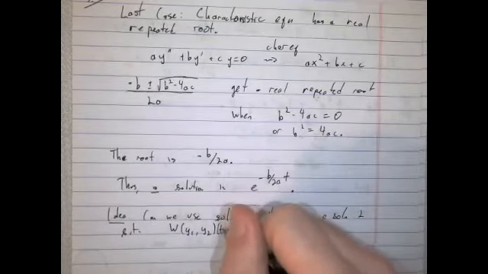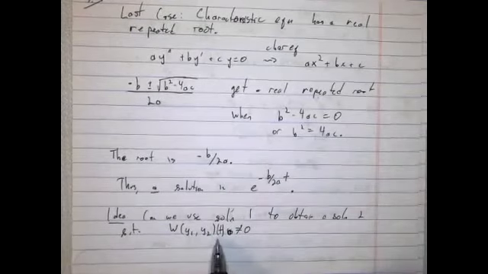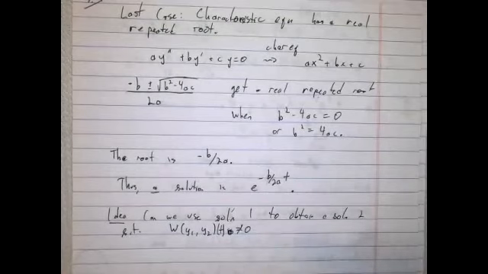So maybe I'll write of t that's not equal 0 to remind you that the Wronskian is a function of t. I just don't need it to be the 0 function. It can be 0 at certain points of t, just can't be uniformly 0.